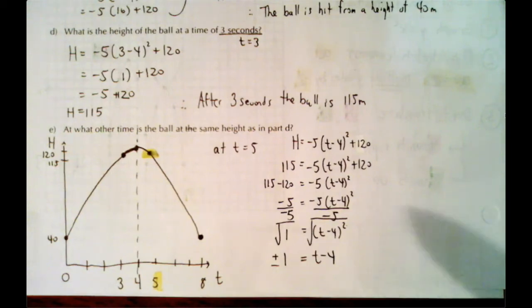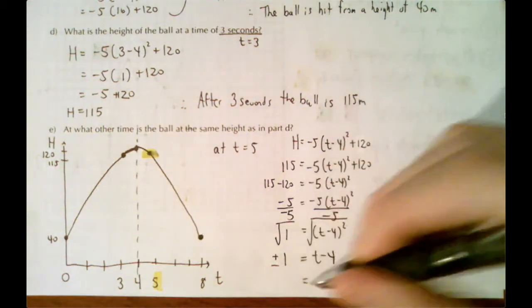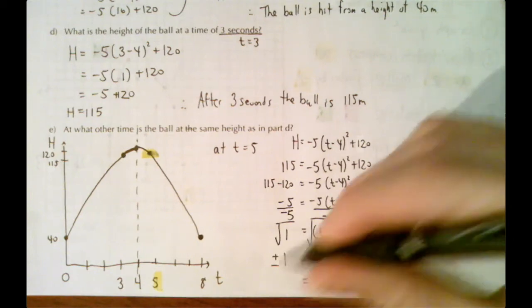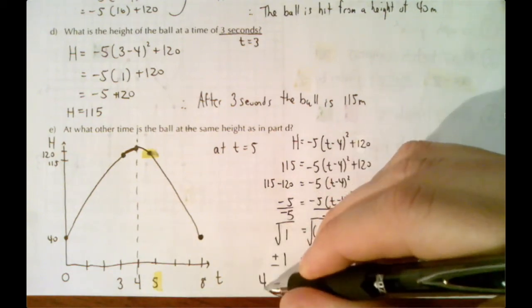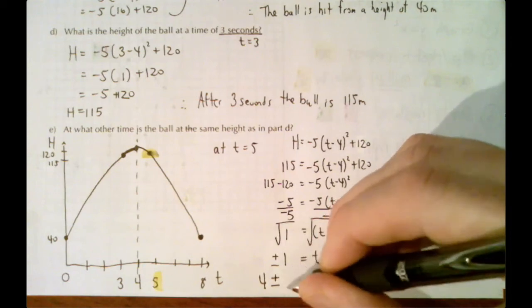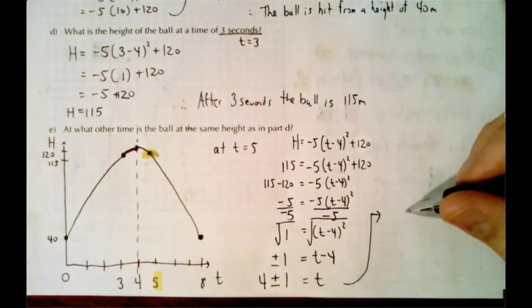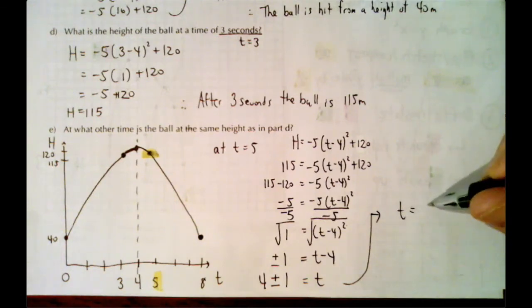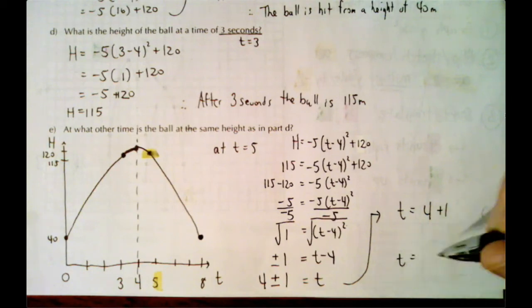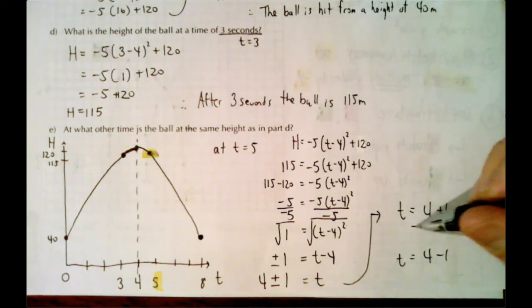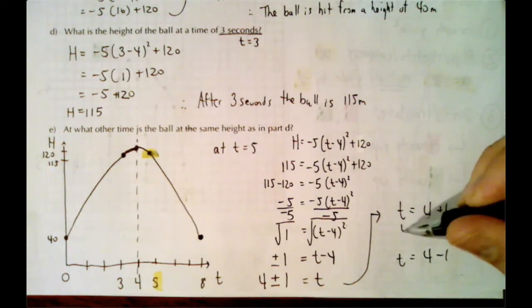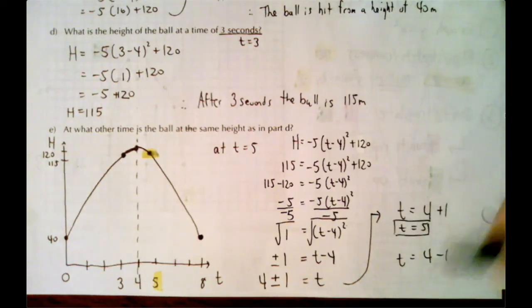And this square rooting is how we end up with two different answers. Because watch, keep the t where it is, bring the 4 to the other side, we end up with 4 plus minus 1. Well, what's that mean? That means our time is both 4 plus 1 and 4 minus 1. 4 plus 1 is 5, there's one time.